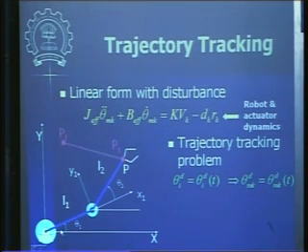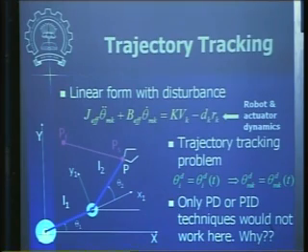Using that you will convert the desired trajectory into the desired motor motion trajectory, and then use that for the trajectory tracking problem in this equation. So now you have this equation, and you want your motor position theta m to follow the trajectory defined by theta d m. That is your trajectory tracking problem in the mathematical sense.